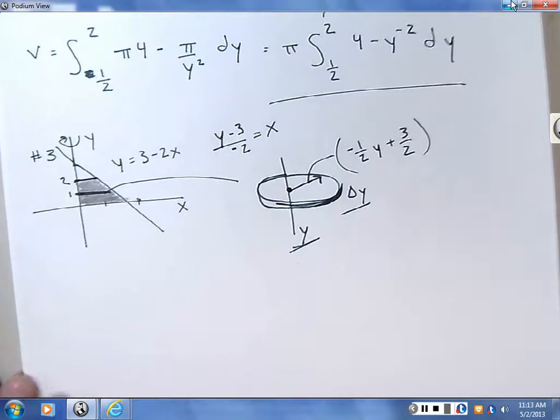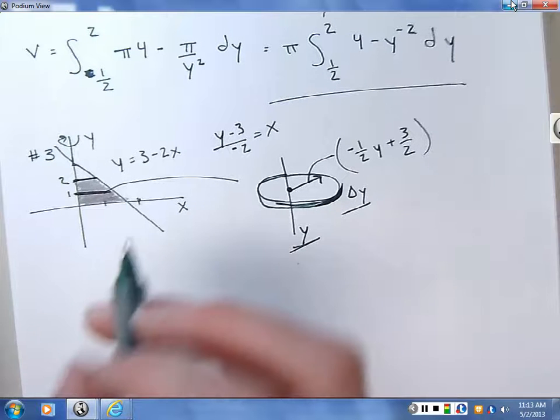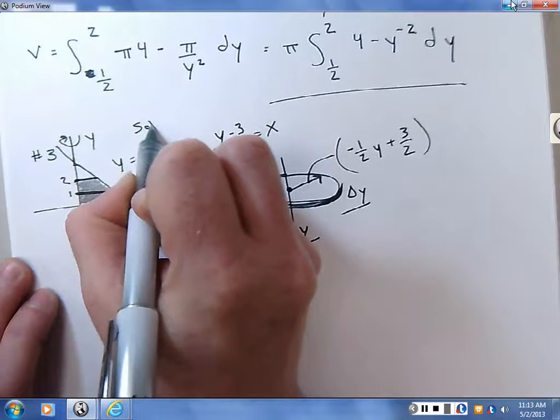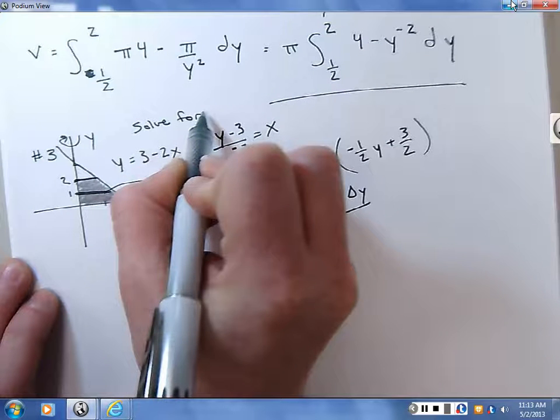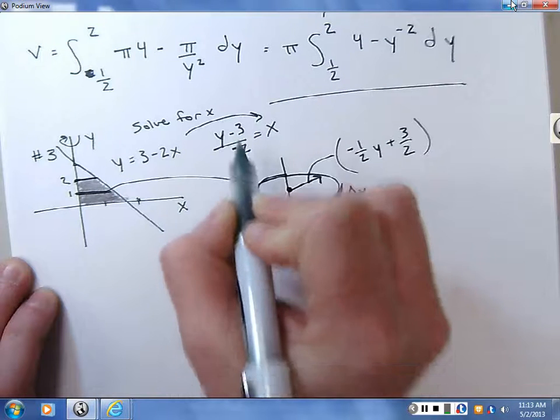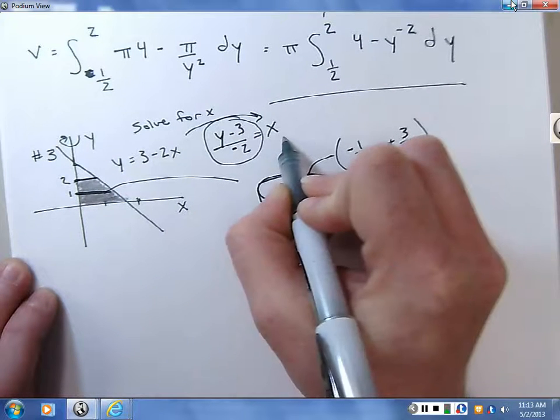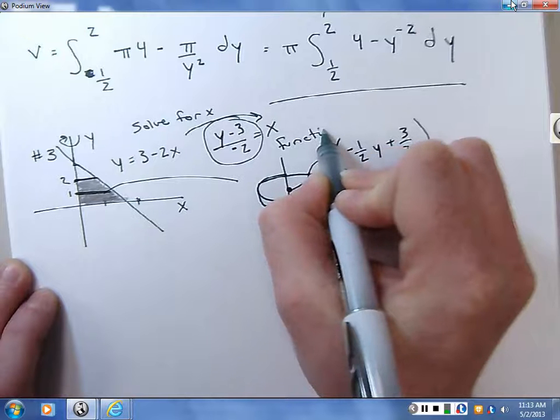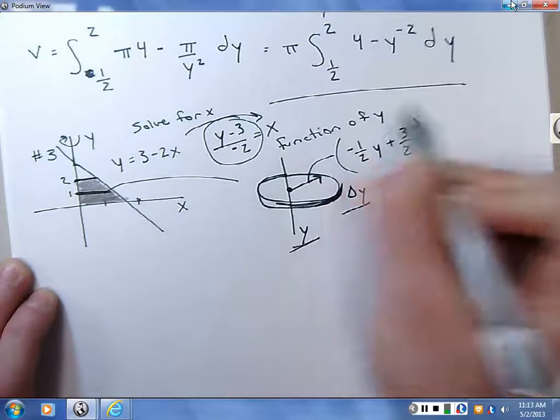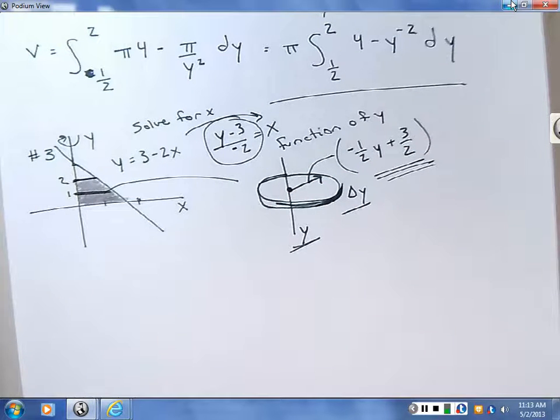And then you just broke out algebraically, what? I solve for x, right? And then this is my function of y. This has to be a function of y because I'm integrating along the y-axis, delta y. I can't have an x in there.